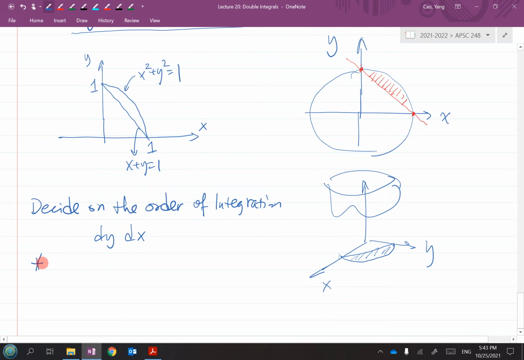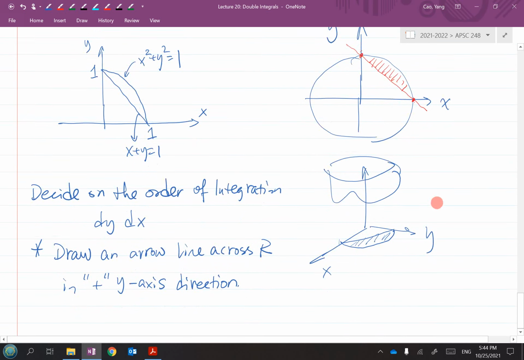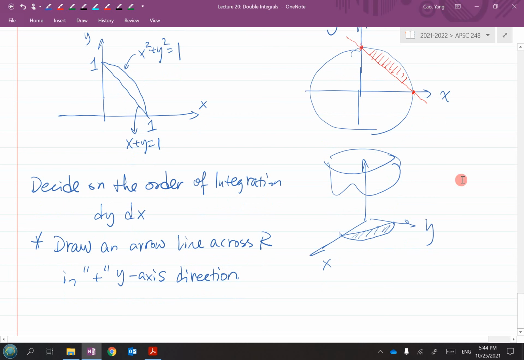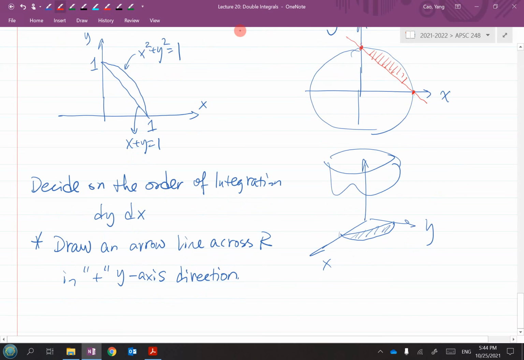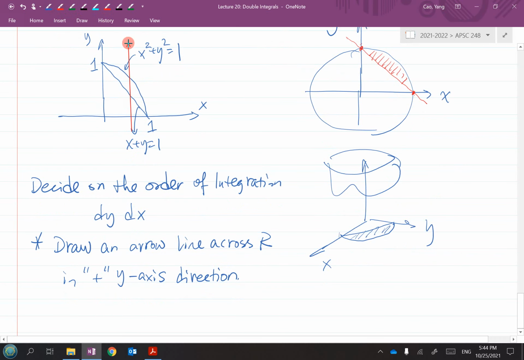So let's formally reiterate the steps here. You draw arrow lines across R in the positive y-axis direction. So I'm going to draw in the y-axis direction like that.